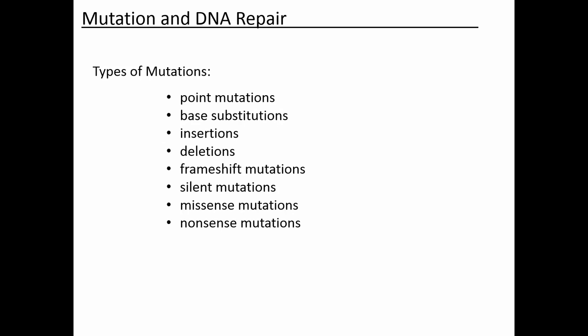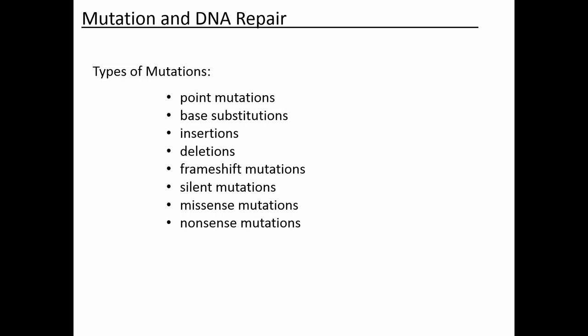Okay, a missense mutation is a base substitution that causes a change in a single amino acid within the amino acid sequence. So a missense mutation is a base substitution that causes one amino acid to be different in the amino acid sequence.